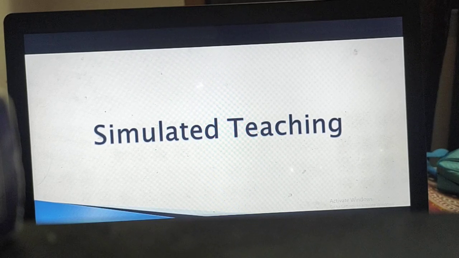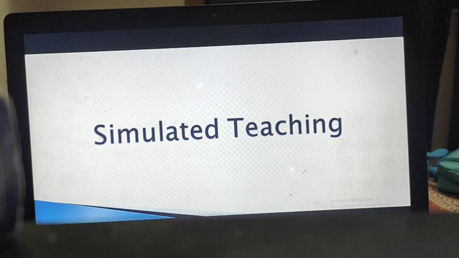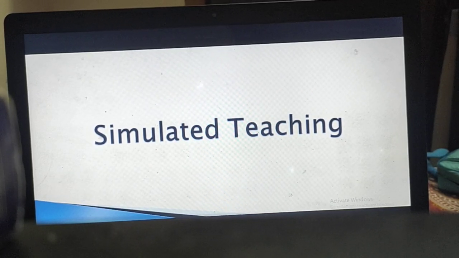Number 4, he teaches the skill in the presence of a small number of students, observer and peers. After his teaching, the observer immediately gives him feedback. After getting the feedback, the teacher rectifies his lesson and his skill.